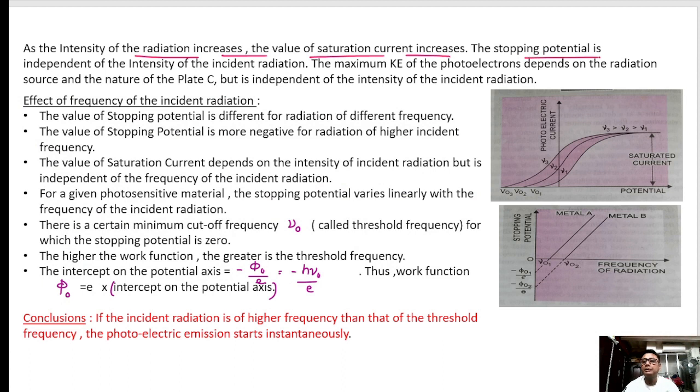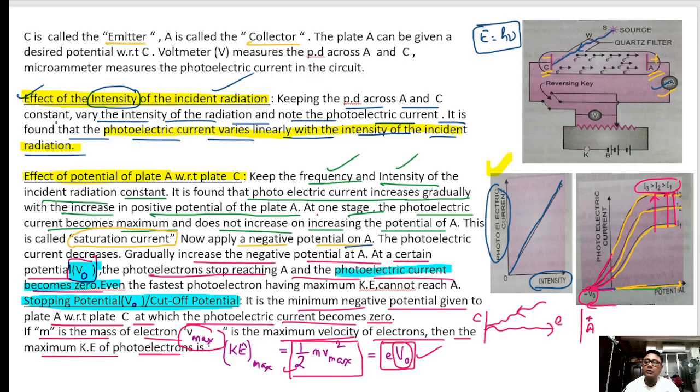The stopping potential is independent of the intensity of the incident radiation. As you can see, all the stopping potentials are concentrated at this point. Whatever the intensity, even if I increase it, the stopping potential is fixed at minus V0. This is the ultimate stopping potential, minus V0.